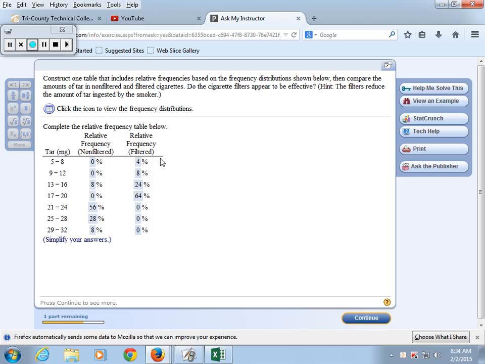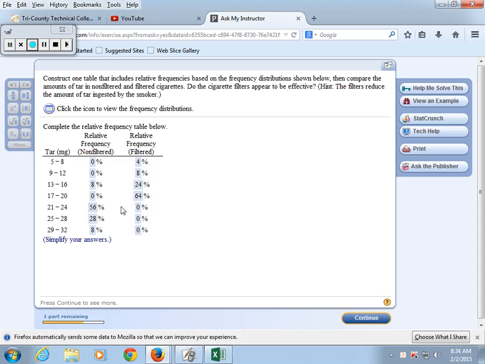The Marlboro Lights are kind of skewed right, which means a lot of younger people, or I'm sorry, I thought it was ages. It's not ages, it's tar. Okay, I'm sorry. I wasn't even reading. I thought it was 5 to 8 years old starting. Okay, it's not, it's tar.